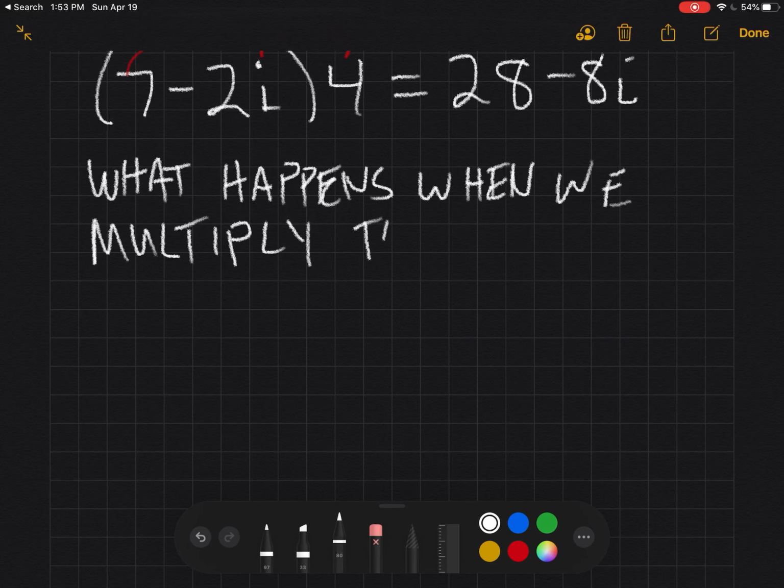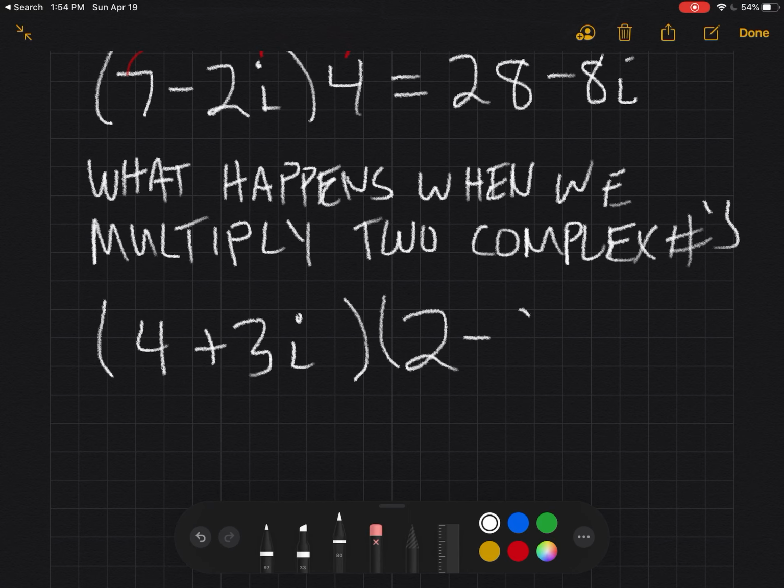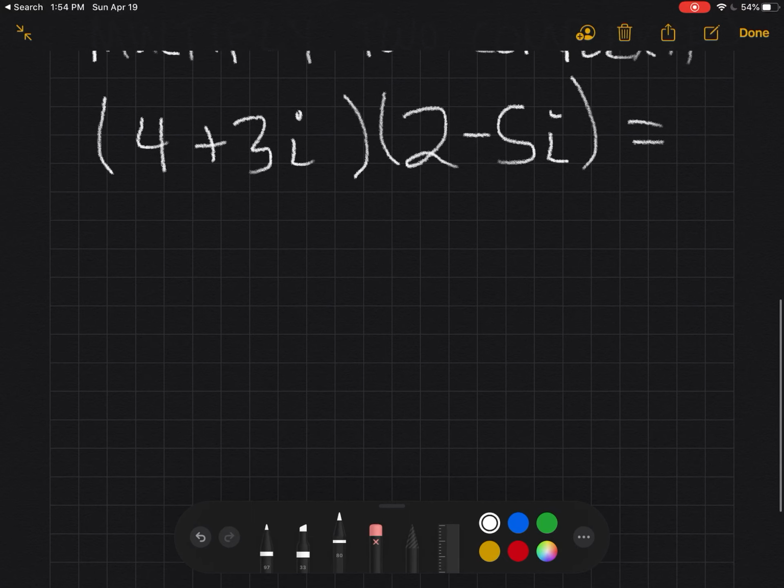All right, but what happens when we multiply two complex numbers together? The answer is a lot like when we do binomials.